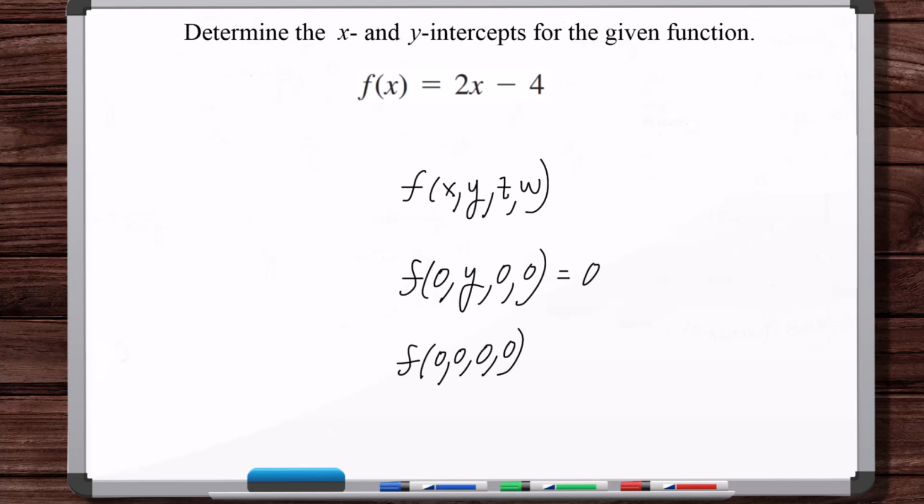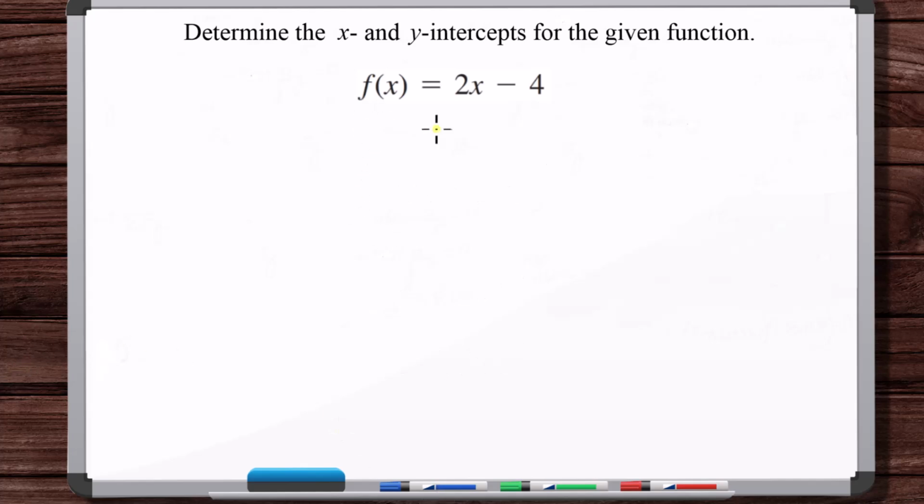That's the idea. Okay, but if we're just keeping it simple with 2 variables, what are the x and y intercepts of this function? For the y-intercept, we just evaluate the function at 0, so -4. It intercepts the output axis here, which means that x has to be equal to 0.